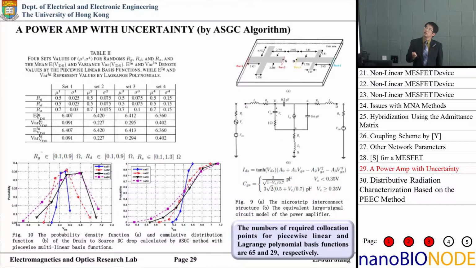This is applied to a power amplifier problem, where we have several sets of variations of the parameters in the circuit model. Then we can see how the circuit performance is changed because of the uncertainty of the problem.